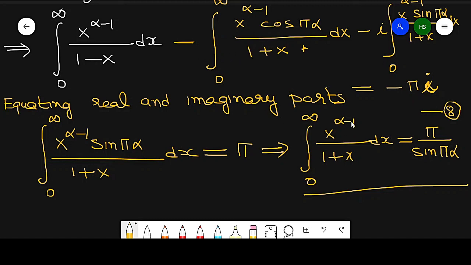Now substitute the value of this integration at this place. So first find the real part.